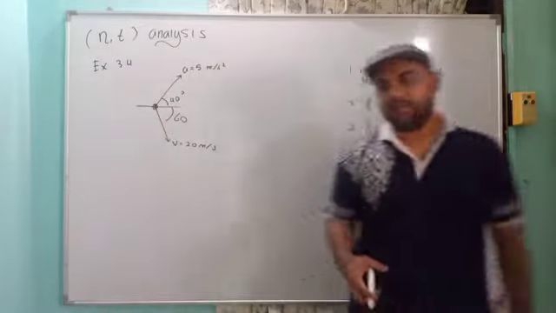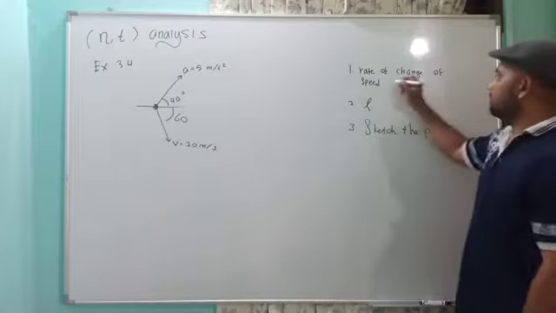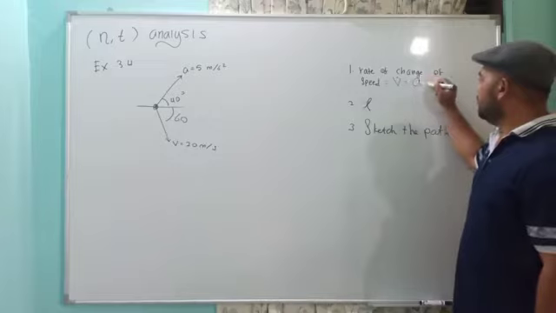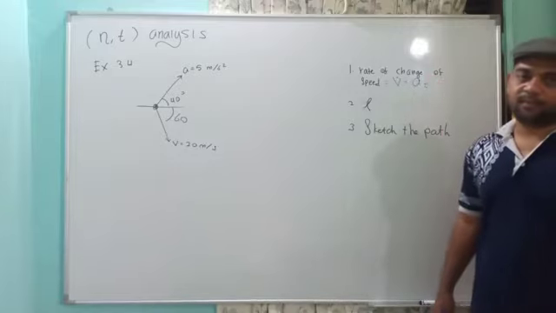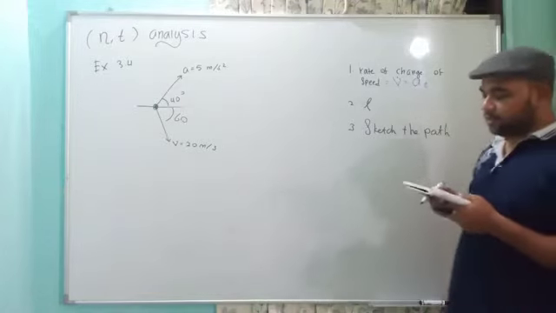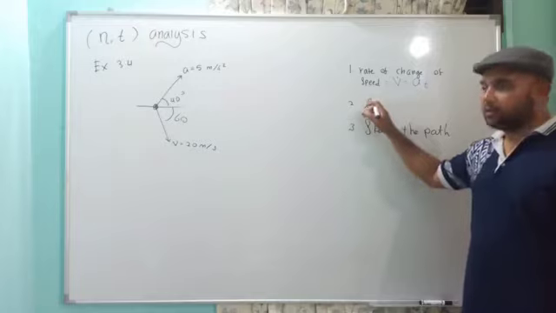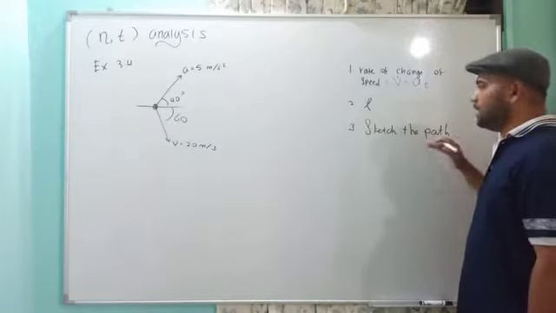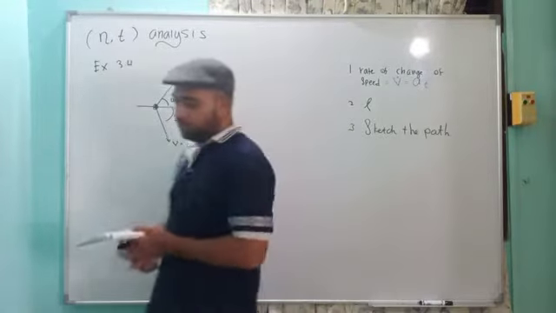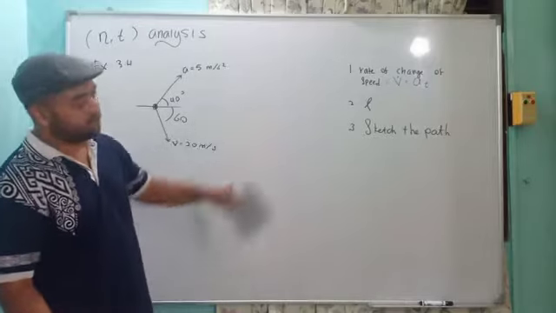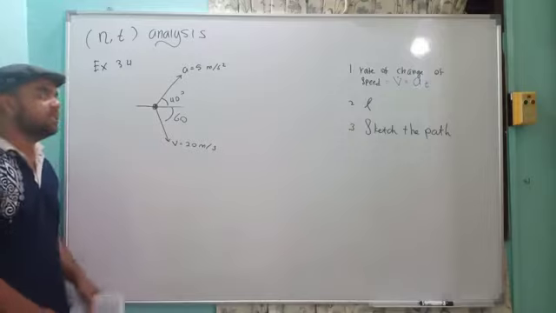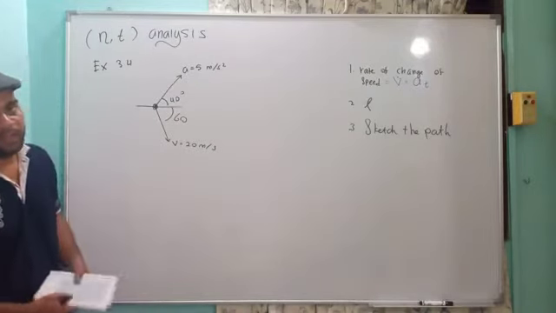You need to know that the rate of change of speed is V dot, which is equal to A tangent. The second is the radius of curvature, rho, and the last is to sketch the path of the particle. To get A tangent, you resolve A into A normal and A tangent.